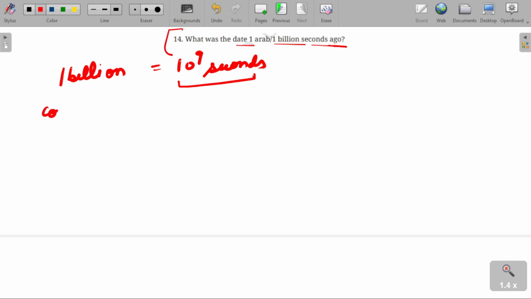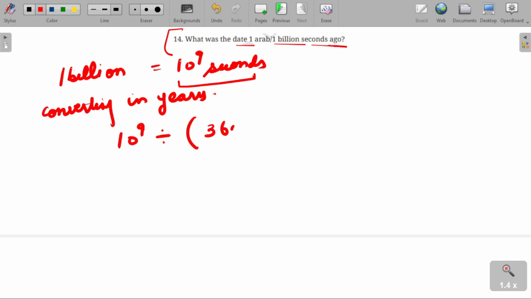Now we are converting it into years. Let's do it. That means 10 raised to power 9 will be firstly divided by 3600 seconds, 24 hours, 365 days, right?